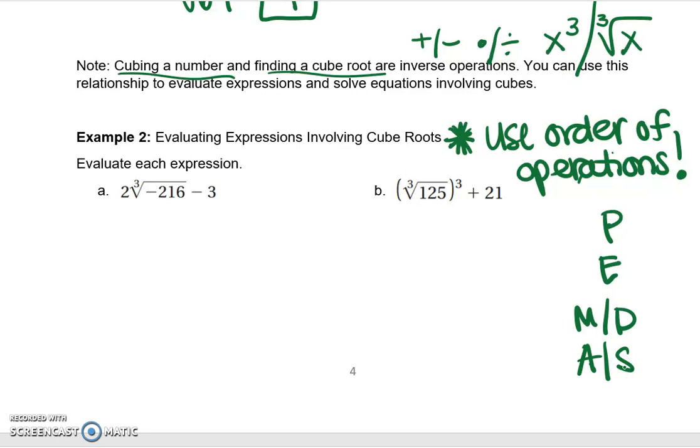So looking at part A, we are going to first look at this exponent, which is not really an exponent, it's the cube root, but it falls under the exponent category. Cube root of negative 216, if you look back up at your chart, the cube root of 216 is 6, and the cube root of negative 216 is negative 6. So this turns into 2 times negative 6 minus 3.